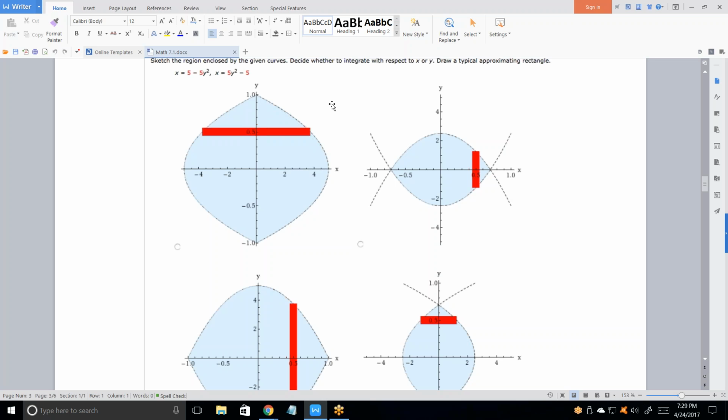Sketch the region enclosed by the given curves. Okay. Let me pull up my pen.